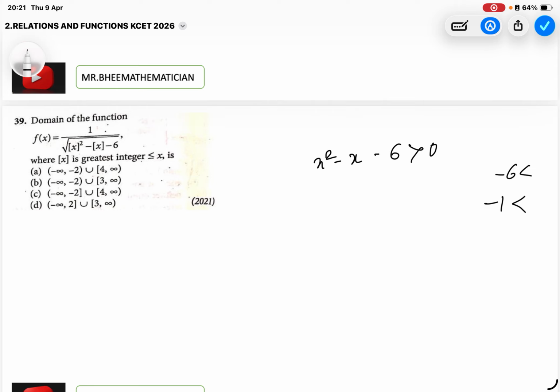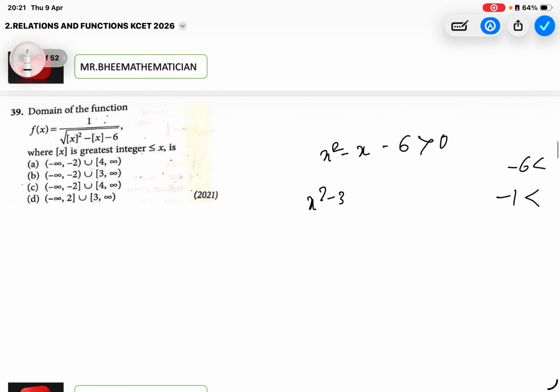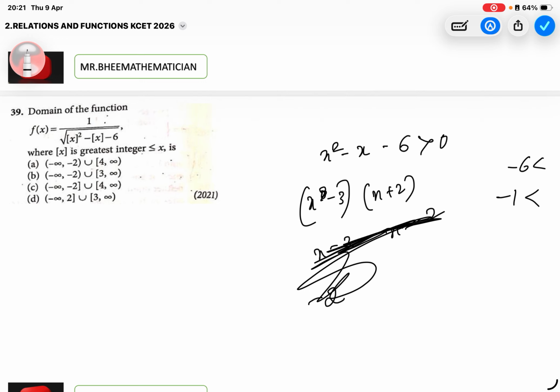Can anybody say? Minus 3 plus 2. Yes, x square minus x minus 6 gives x minus 3 and x plus 2. x equal to 3, x equal to minus 2. These are the solutions.